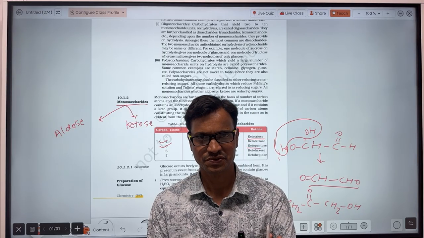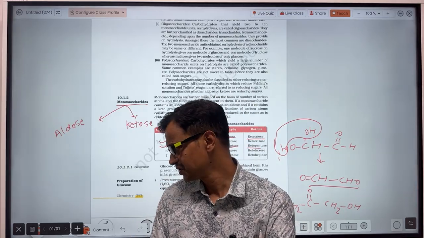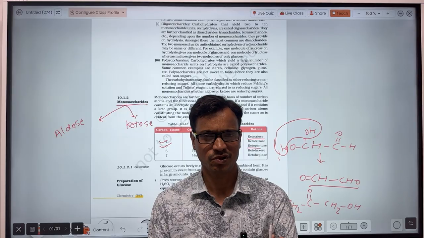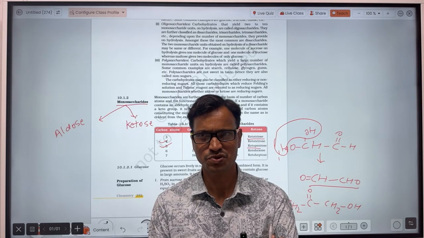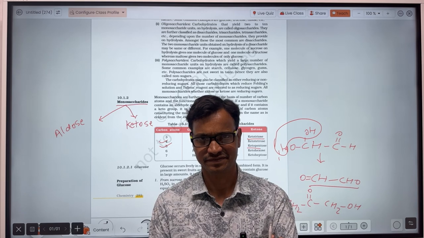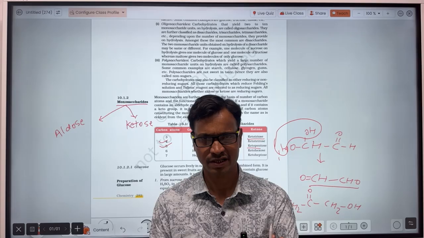Reducing sugar and non-reducing sugar. These carbohydrates are also called sugars because most of the carbohydrates are sweet in taste. Monosaccharides and oligosaccharides are sweet in taste.